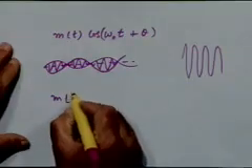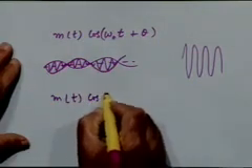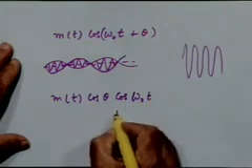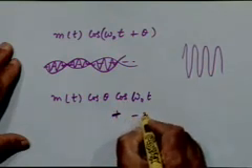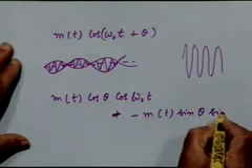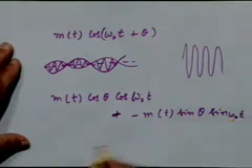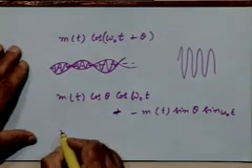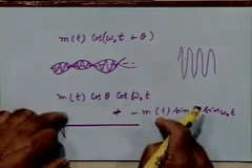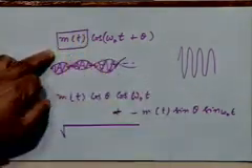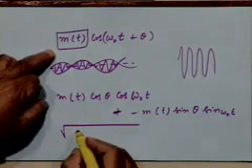Let me do a slight expansion of this trigonometric identity. This is m of t cosine theta cosine omega naught t minus m of t sine theta sine omega naught t. So what is the instantaneous amplitude? If I want to go from here to here, this always has to be a positive quantity. And what will this be equal to?